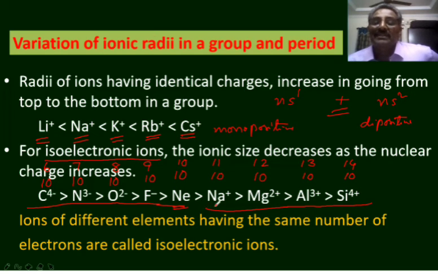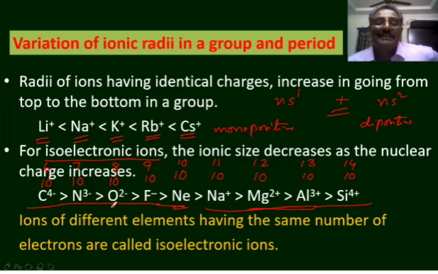Because of that, the Na+ ion is bigger in size compared to the Mg2+ ion. With the same reason, the Mg2+ ion is bigger in size compared to the Al3+ ion. What is the reason for the bigger size of the Mg2+ ion compared to the Al3+ ion? The effective nuclear charge is more in magnesium than in aluminium, though both of them possess the same number of electrons. Here, the oxide ion is bigger in size compared to the fluoride ion.